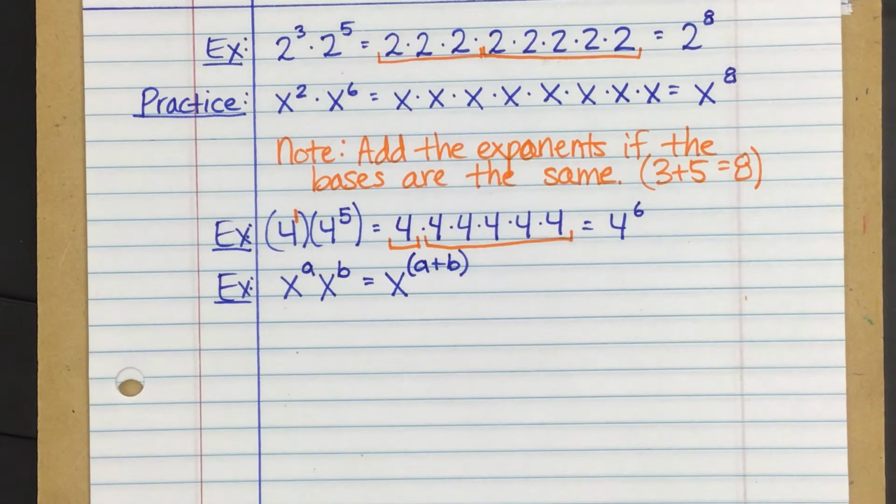A little abstract, right? Now, if you had just put AB there, that wouldn't be correct because we don't multiply the exponents, we add them. Okay, let's take a look at another type of problem that you're going to see on the homework tonight.